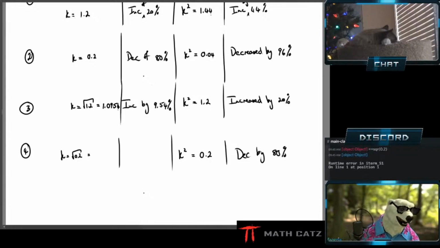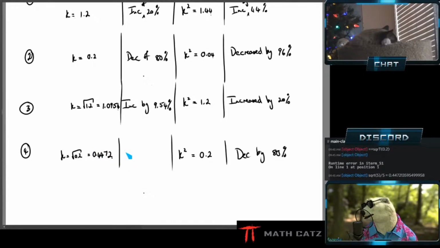MathBot did not like that because my T did not actually press. Minor problem. Okay, so 0.4472 if I round to 4 decimal places.